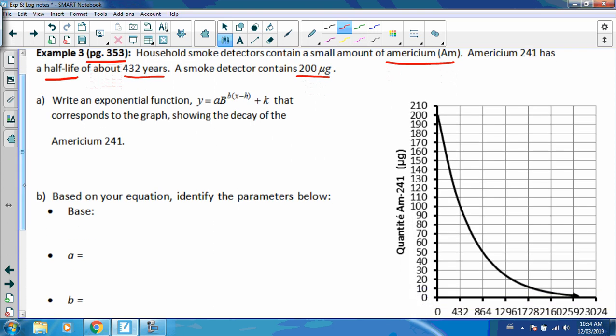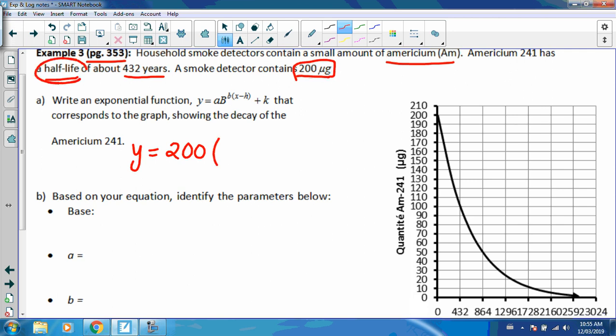So you want to write an exponential function that corresponds to the graph showing the decay. You would probably say y equals 200. That's our initial amount, the amount of micrograms that we have.